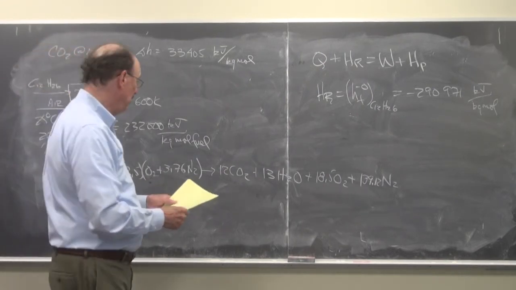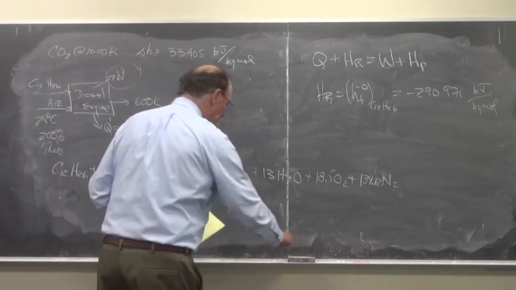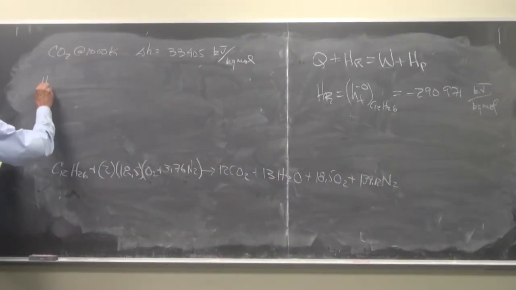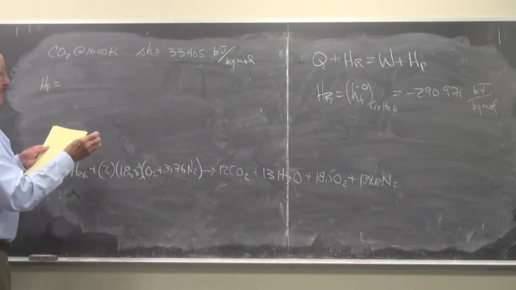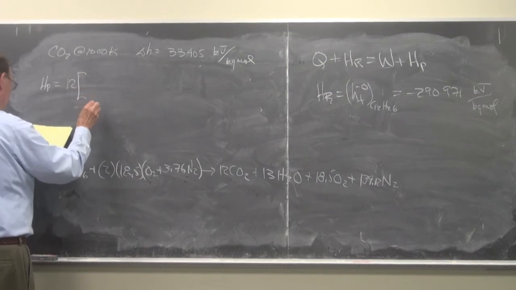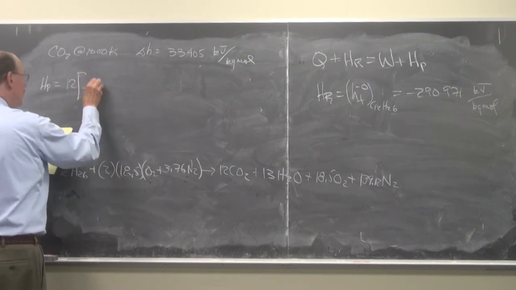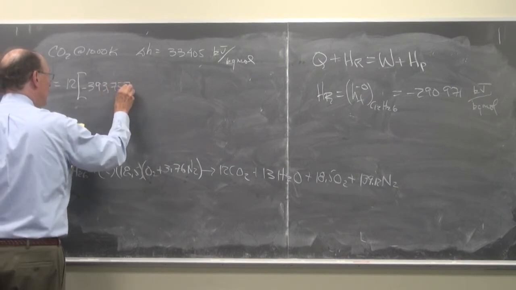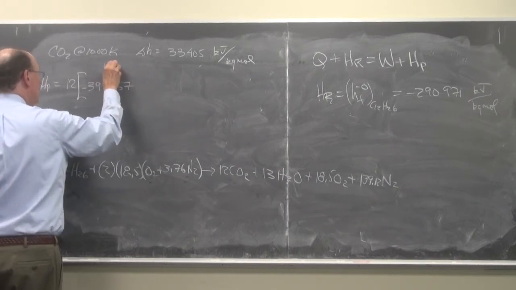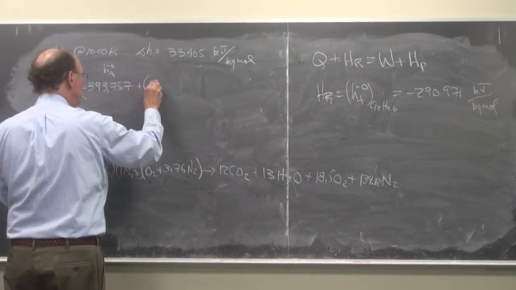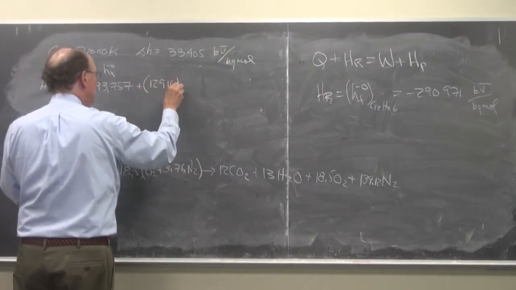For the products, though, we have a whole bunch of stuff going on, so I need to erase some things here. So H sub P. We have 12 moles of CO2, 12 times the H sub F bar 0, minus 393,757. So this is the H sub F bar 0 of CO2 plus the delta H term, which is 1,212,916.